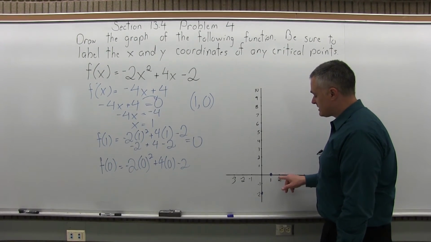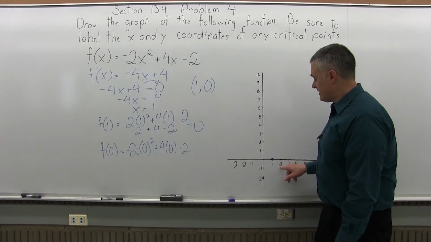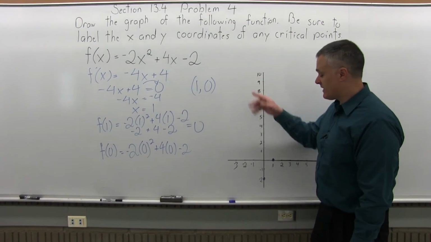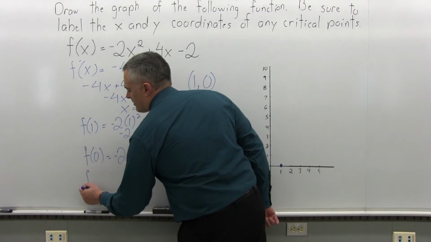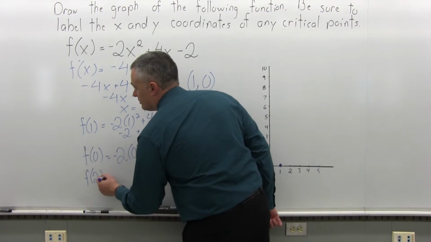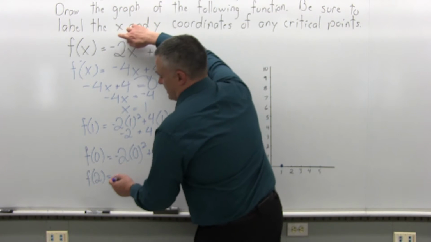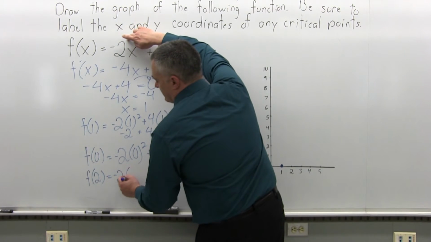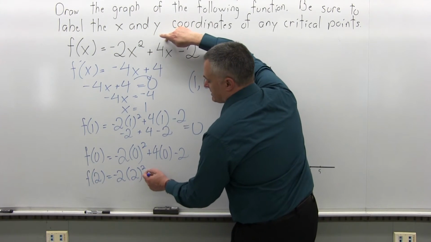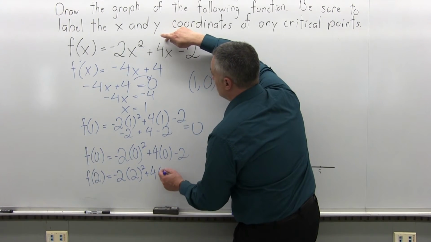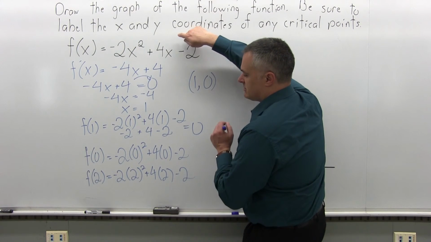Let's go over 1 x value to the right, plug in this x value of 2 into my f of x, and see what type of height I get. So f of 2 equals negative 2 times 2 squared, plus 4 times 2, then minus 2.